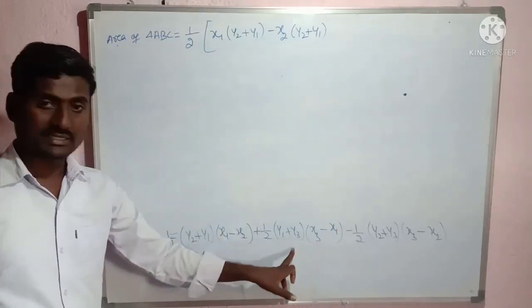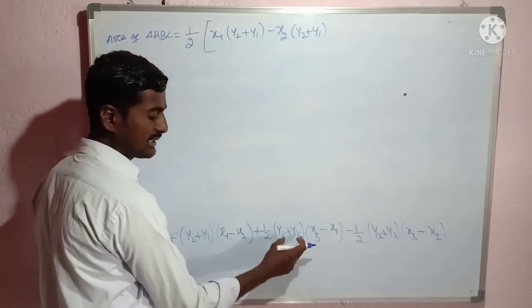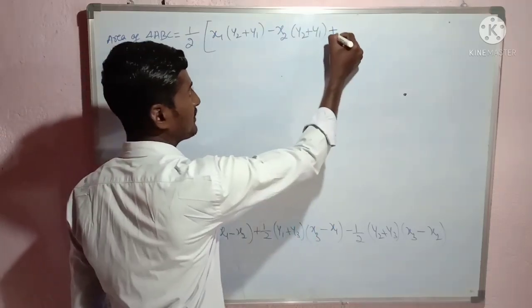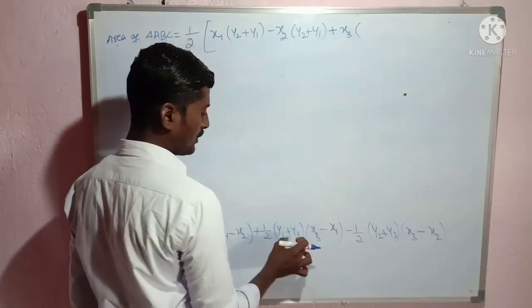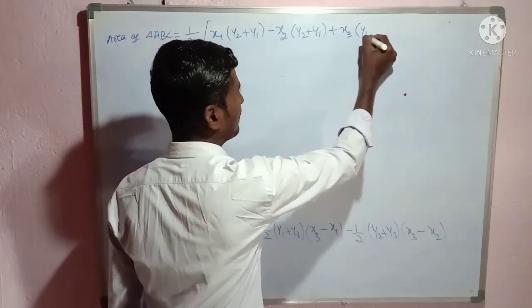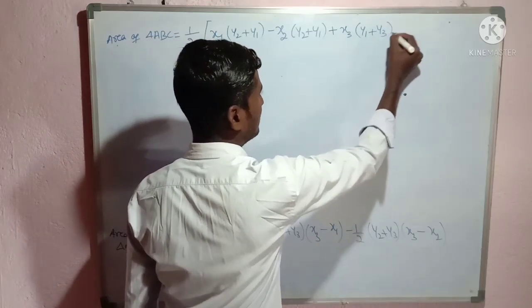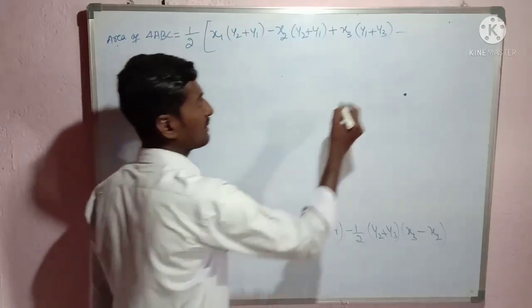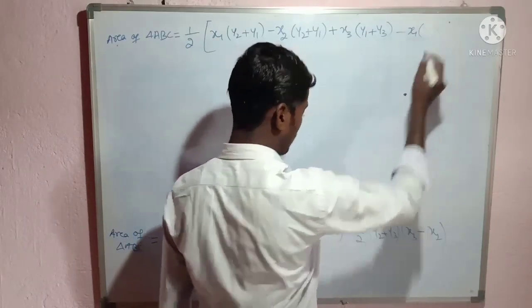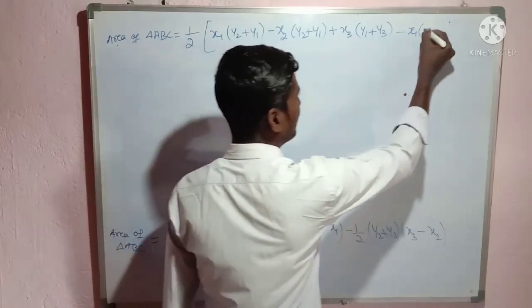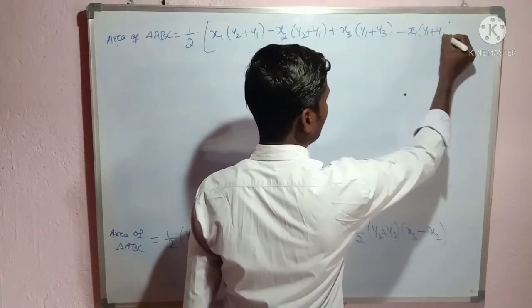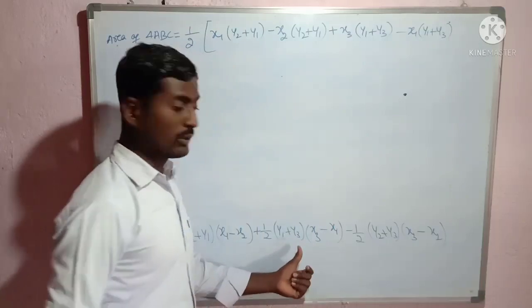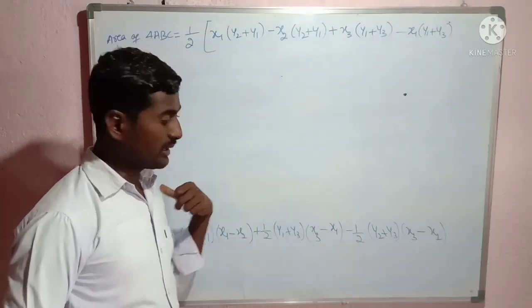Then I'll come for this. Again same. I'll multiply x3 to these two terms plus x3 into y1 plus y3. Then minus x1 into this term again. x1 into, what is that? y1 plus y3. Okay. Now x1 is over. 1 by 2 taken outside.